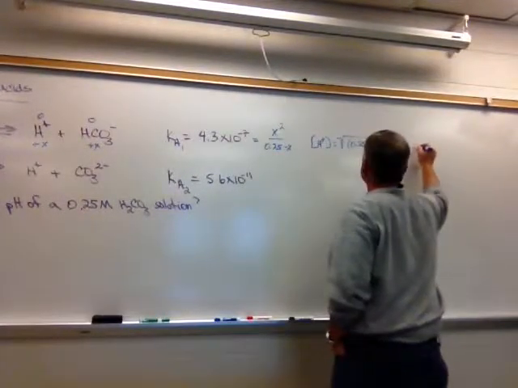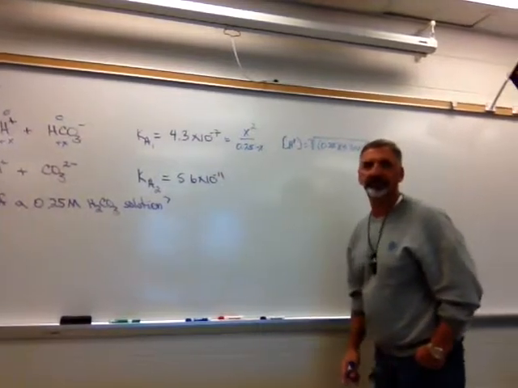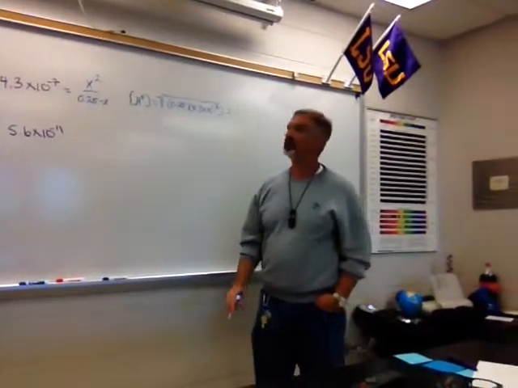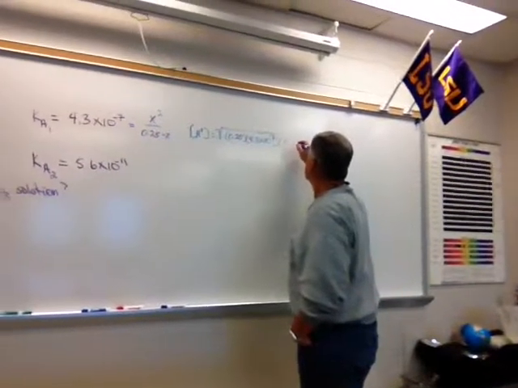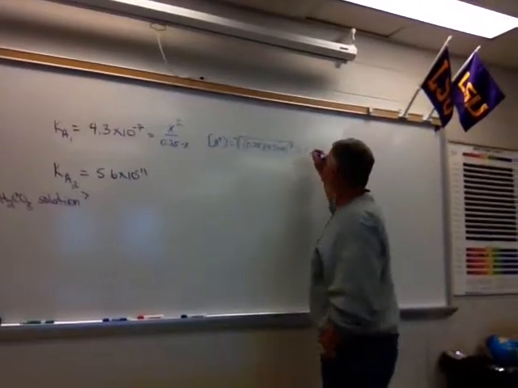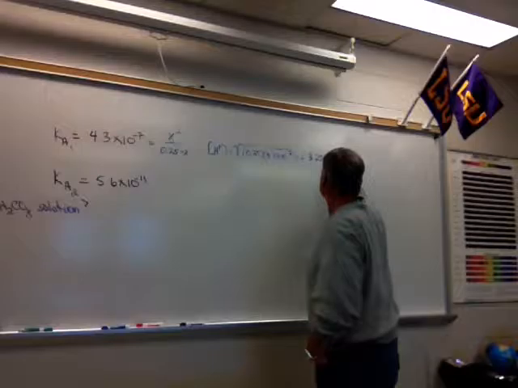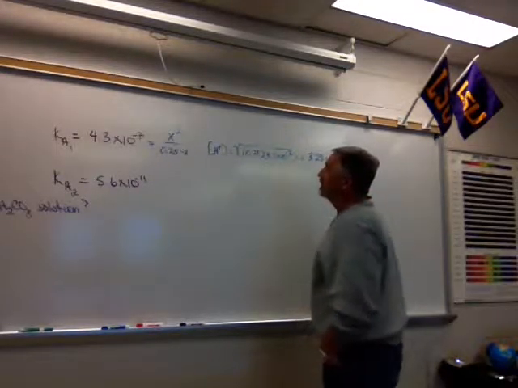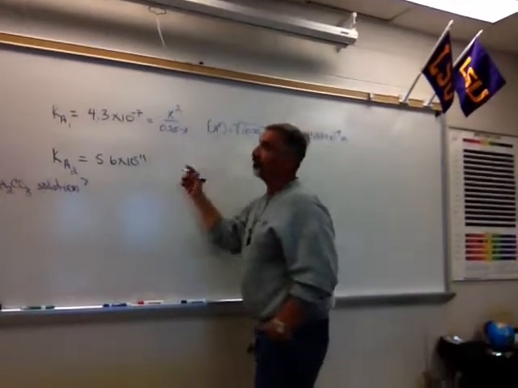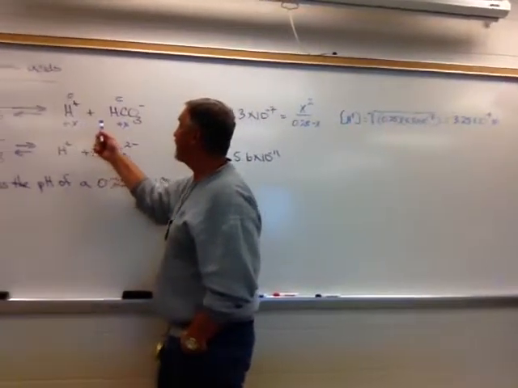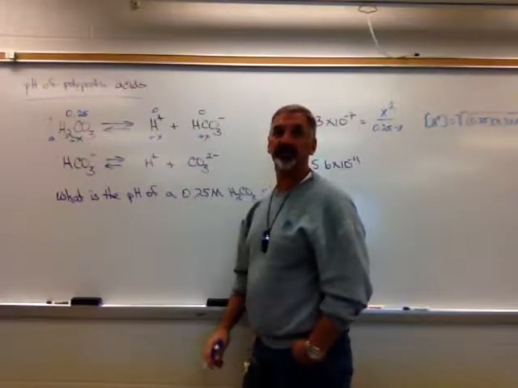So my H plus is equal to, somebody please. 3.28 times 10 to the minus 4. Good job. 3.28 times 10 to the minus 4. Okay? So, that's what this concentration is going to be and what this concentration is going to be.